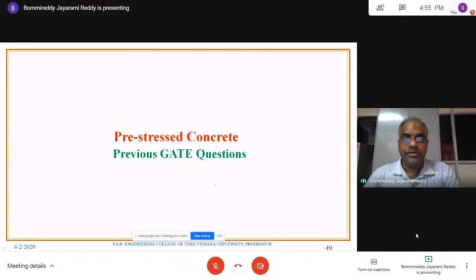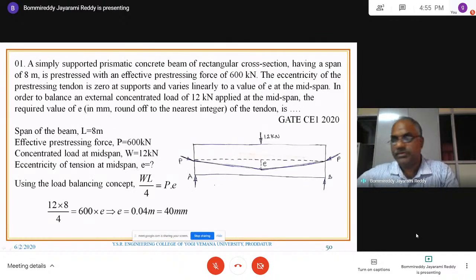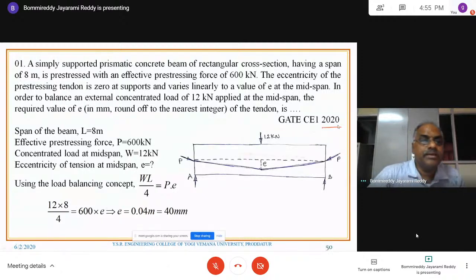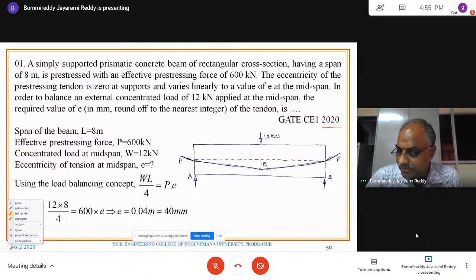So now let us go for previous GATE questions. This question appeared very recently in GATE 2020. A simply supported prismatic concrete beam of rectangular section having a span of 8 meters is pre-stressed with an effective pre-stressing force of 600 kilonewtons.